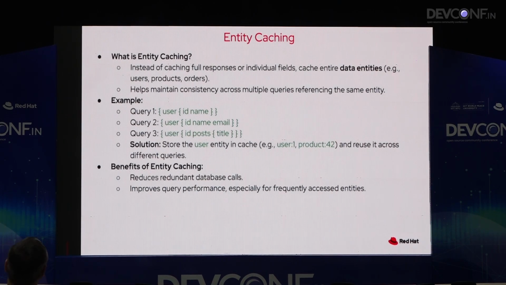Now, the third is entity level caching. Entity level caching is a bit more complex, because in response caching, you cache the whole response. In field level caching, you cache the fields, but in entity caching, you don't cache the results as much. You cache the things which you need to calculate results. For example, let's say you have a list of something which doesn't change a lot.